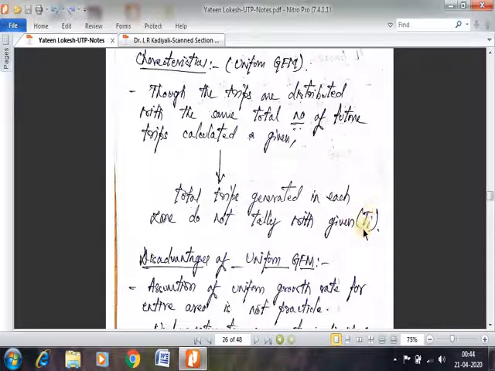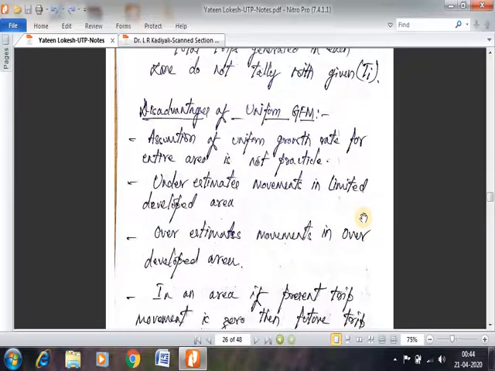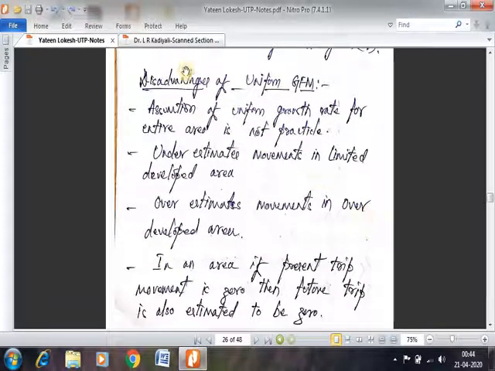That is, the calculated T i does not tally for each zone with the expected future trips for that particular zone. Corresponding to this, I have listed some of the disadvantages of the uniform growth factor method.